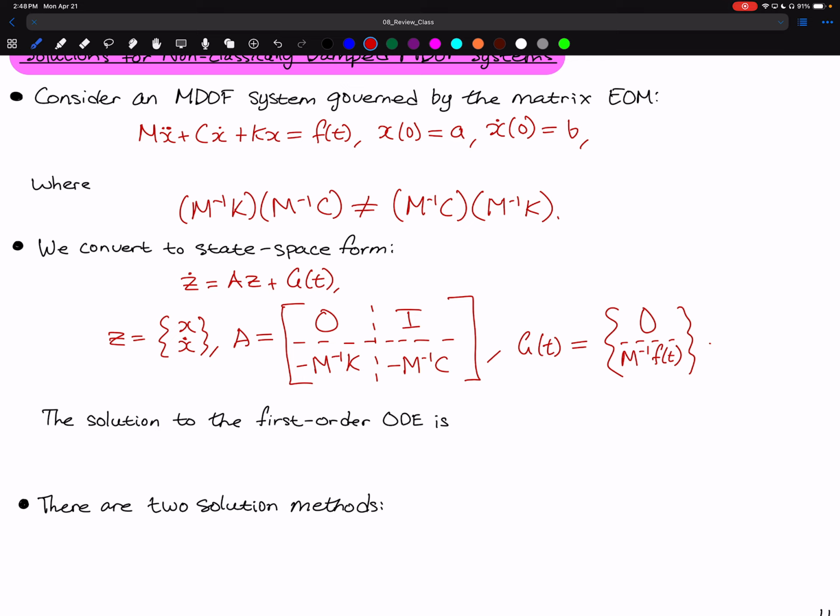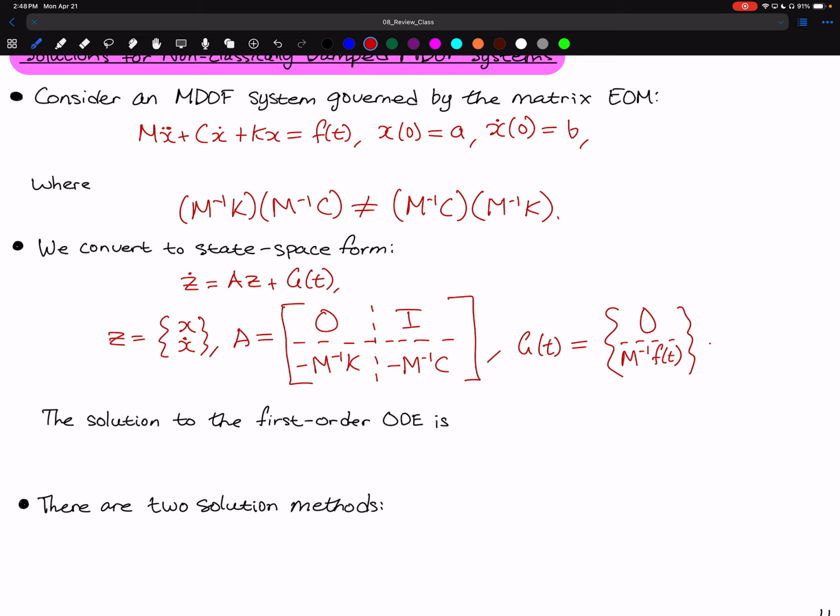There is no output matrix here because the output of this is the displacement x, and so you can determine what the output matrix is for that. It's going to be an identity matrix or some form of an identity matrix, so as a result, we won't actually consider that. So this is a first order ODE.